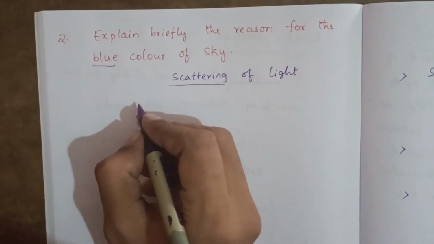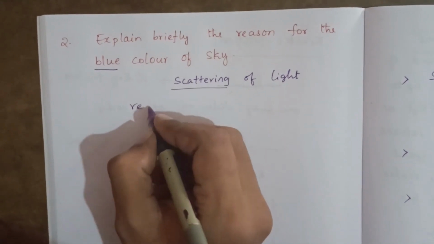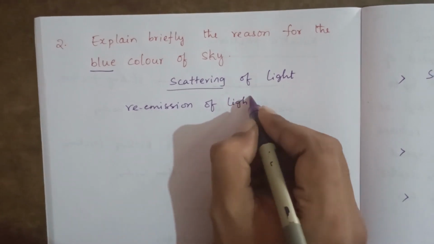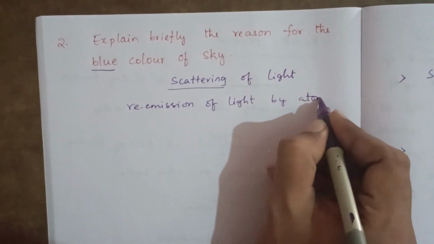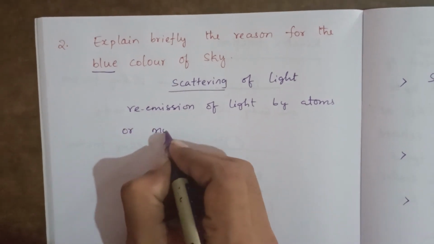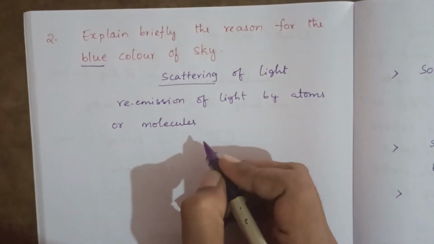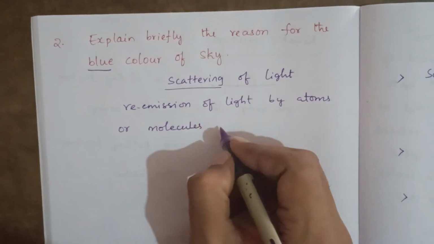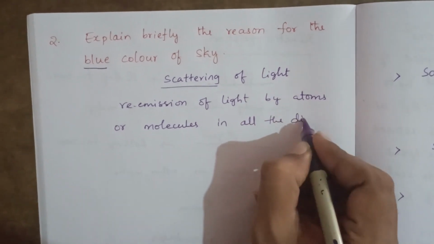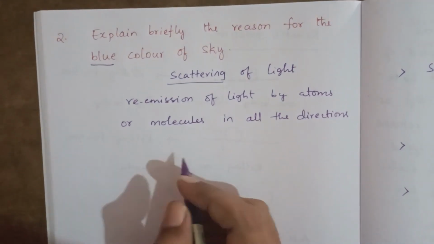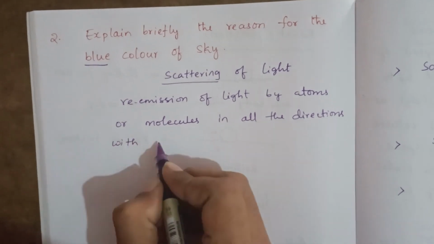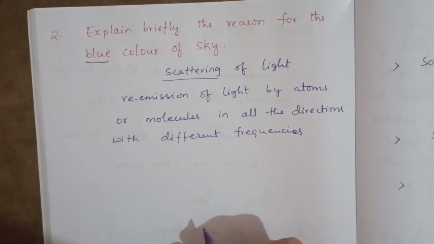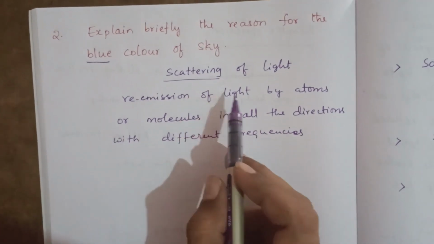This is the re-emission of light by atoms or molecules in all directions with different frequencies, known as scattering of light.